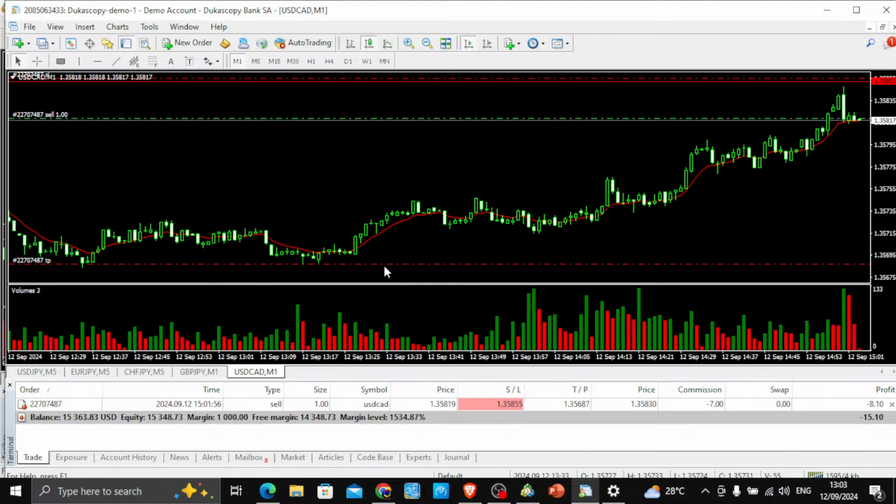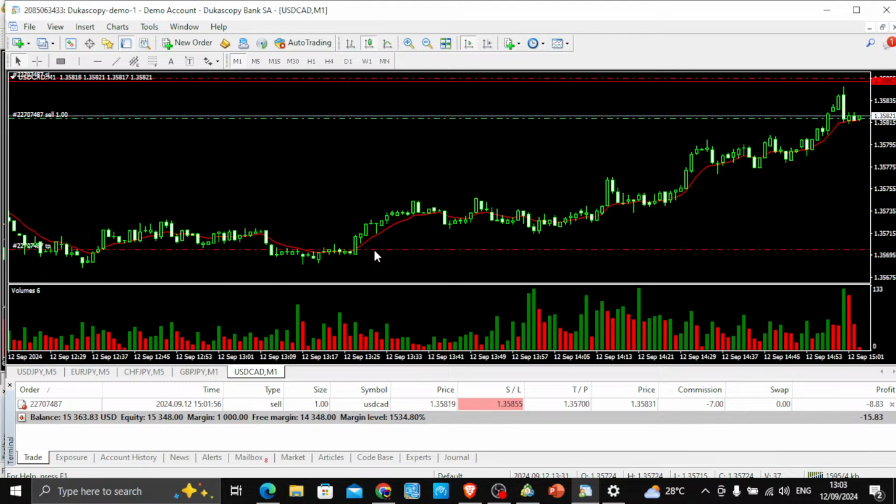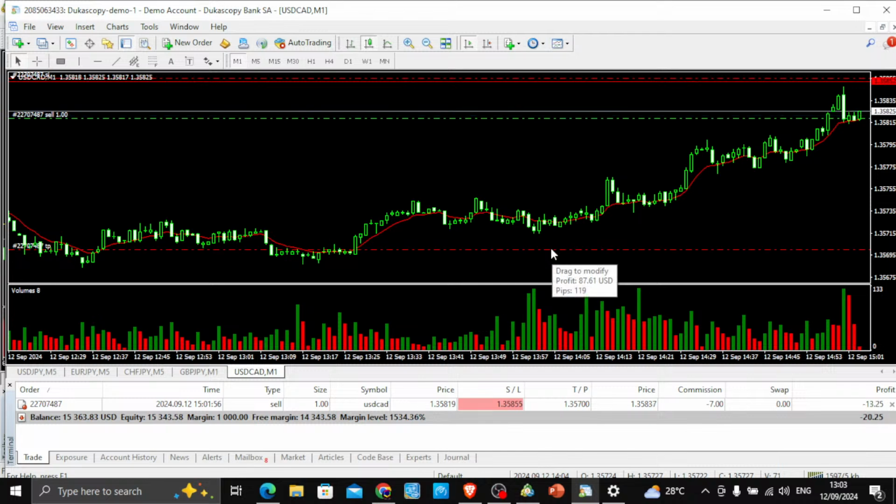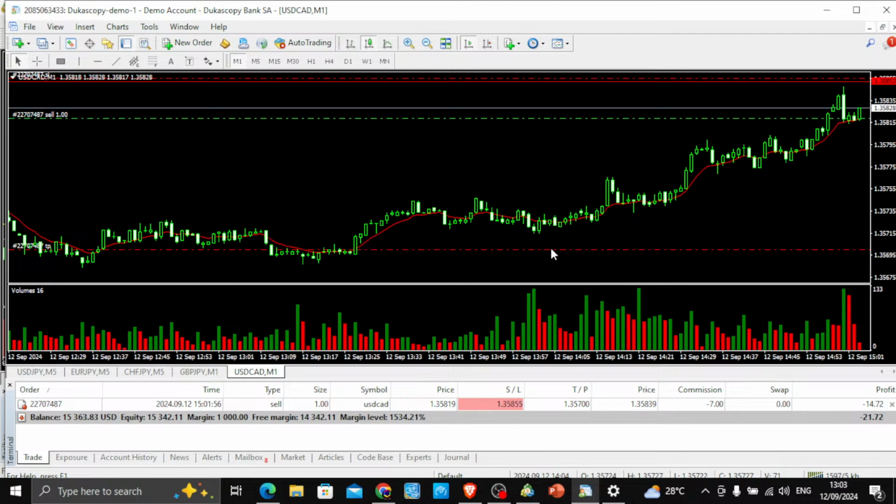This is where we have this kind of movement. We are risking 3.6 pips, targeting 11.9. So that is it. Let's wait a little to see how it goes.